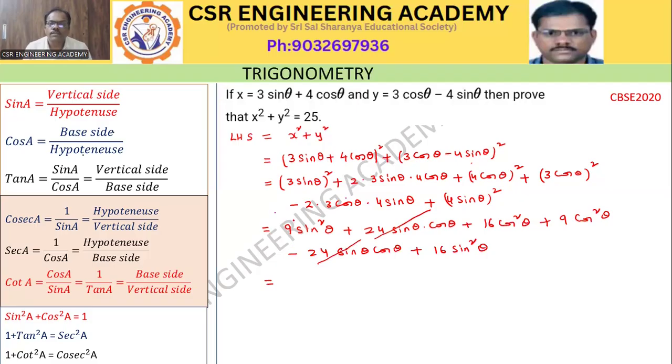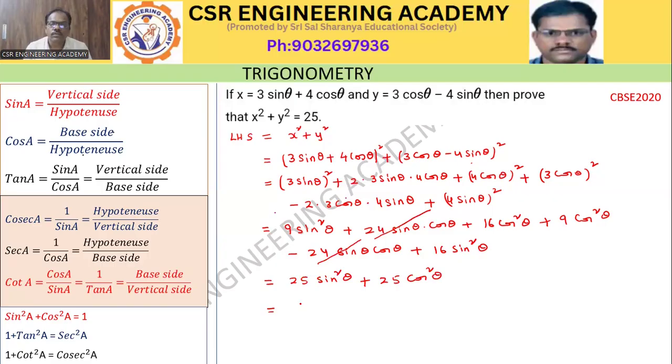9 sin square theta plus 16 sin square theta, that is 25 sin square theta, plus 16 cos square theta plus 9 cos square theta, 25 cos square theta.